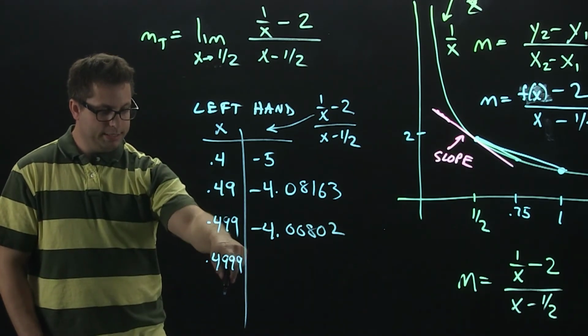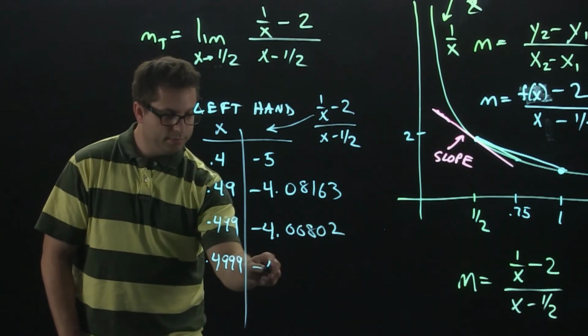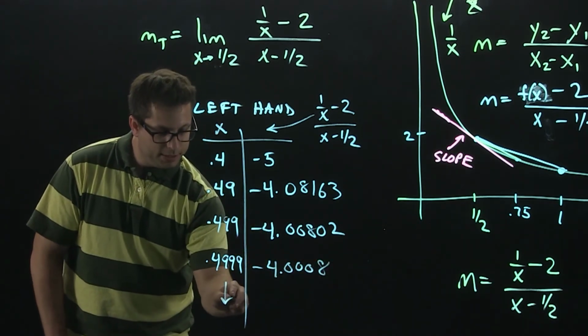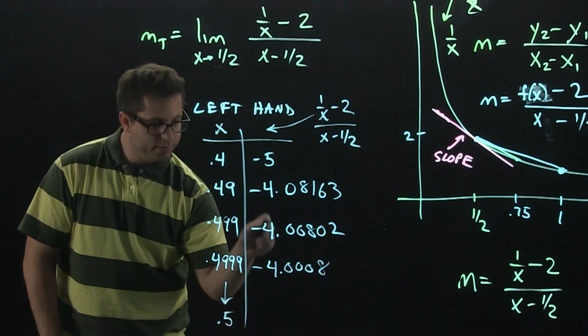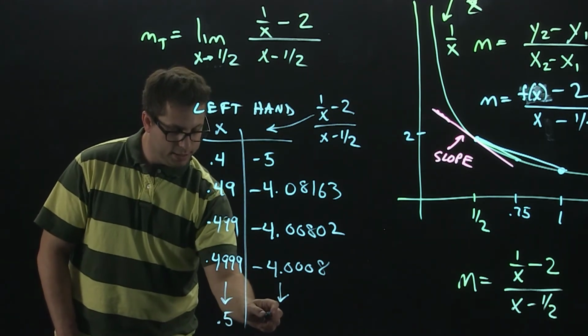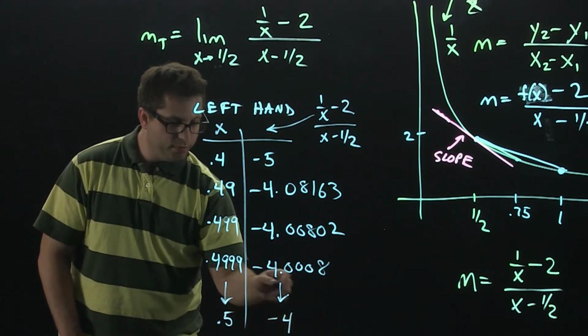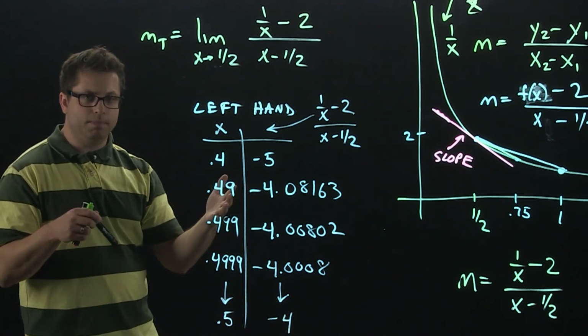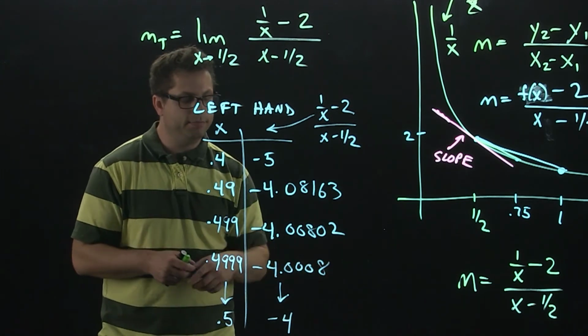And 0.4999 is -4.0008. So it does look like as we're getting close to 0.5, these values, which represent the slopes of the secant lines, are getting really close to -4. Right now I would expect, if the slope exists, it's going to be -4.